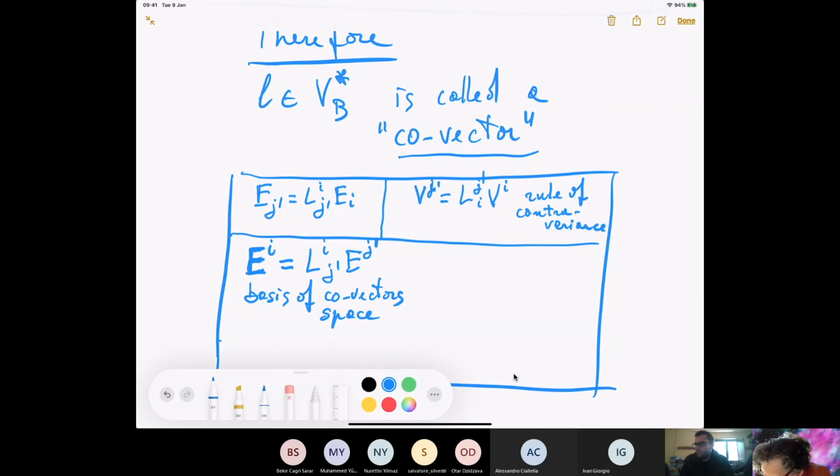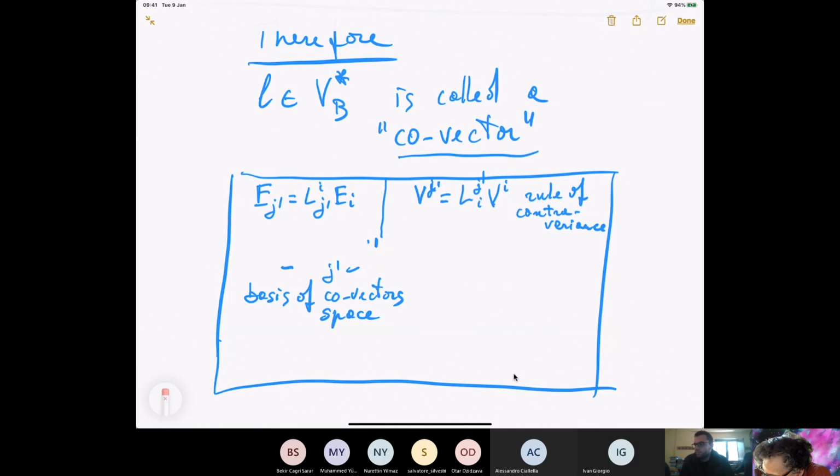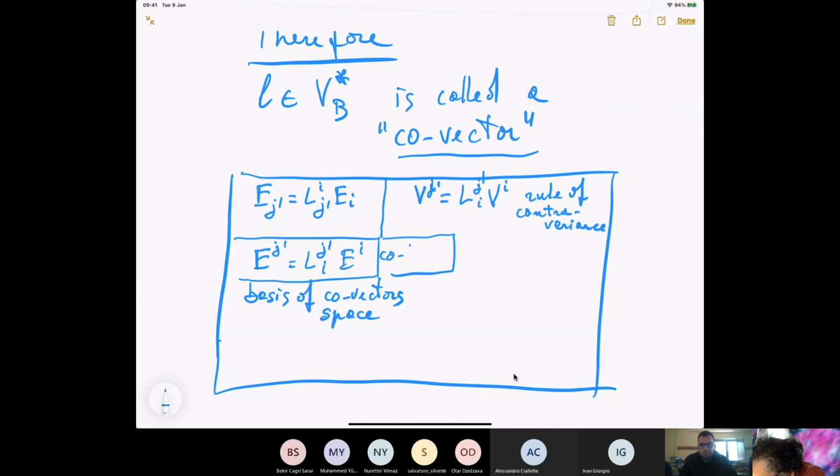But I don't think I want this. This is correct, but it is not what I want, because otherwise the nice symmetry which we are building is lost. So I must write e^j' equal L_j'i e^i. I wanted to show clearly the different rule of transformation of the co-basis. This is also the co-basis.